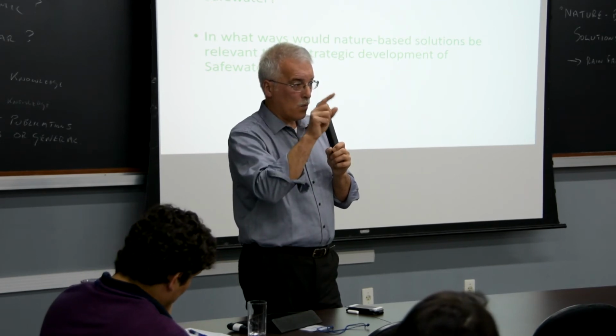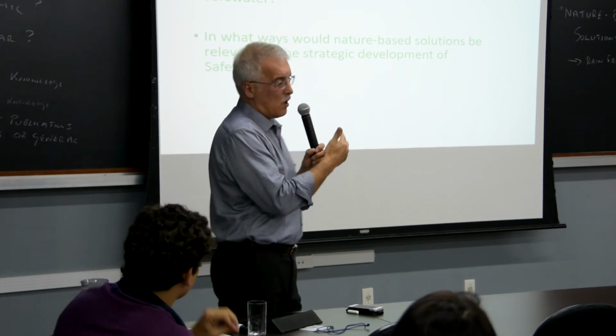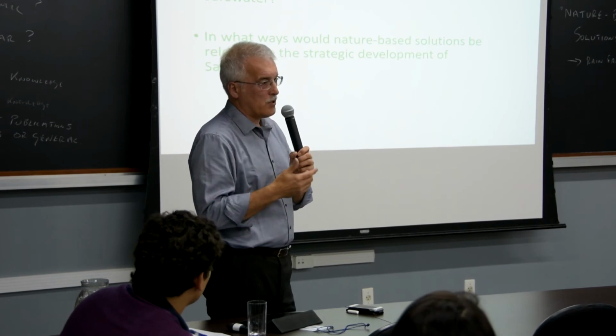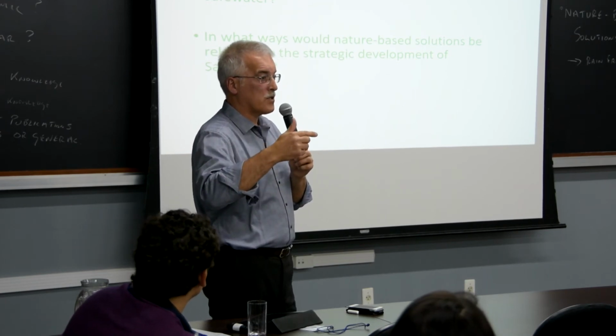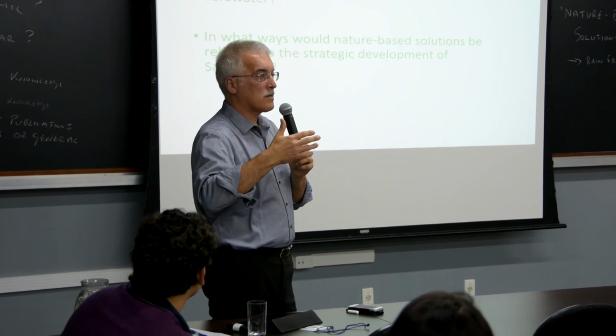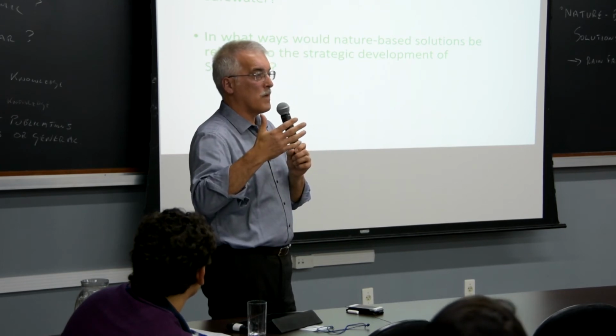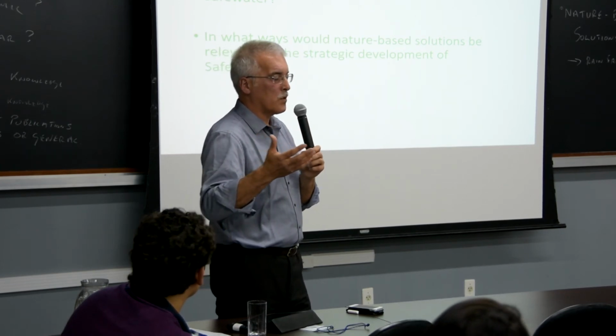And that's the synthesis of what these nature-based solutions are: there's a continuity of the intervention that doesn't require some sort of major effort on the part of the people who are benefiting from it.